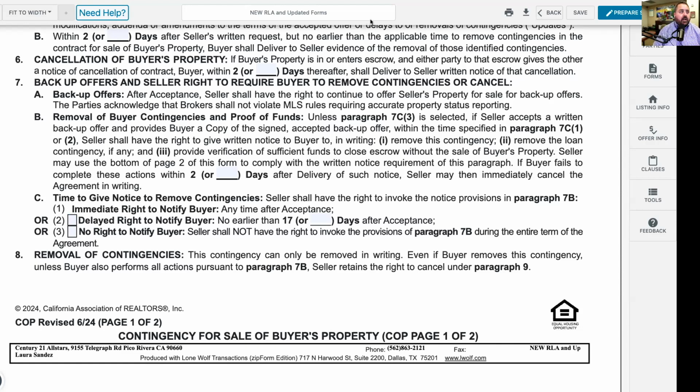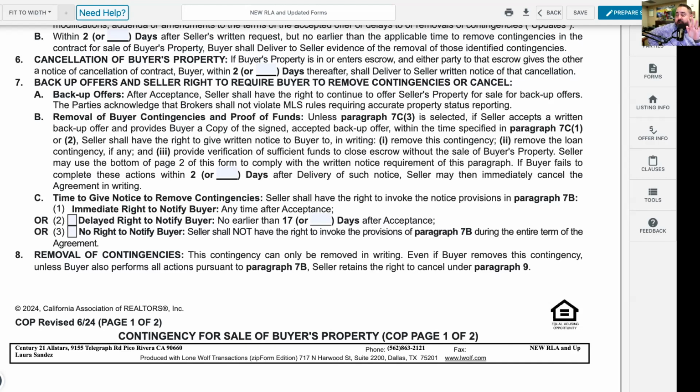Easy. Okay, Lulu. Yes, go ahead. So Kyle, just to clarify what you just said. So C1, you recommend as a listing agent to have at our disposal if the buyer doesn't have their property in escrow and we get a backup offer that we want to accept, right?